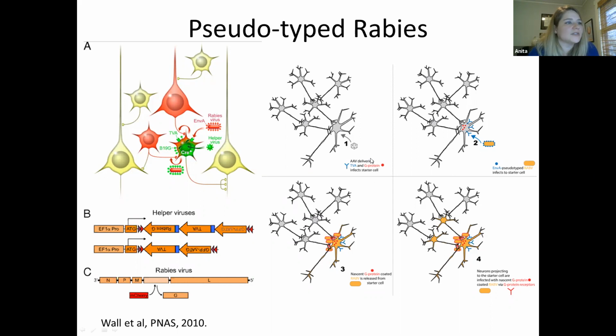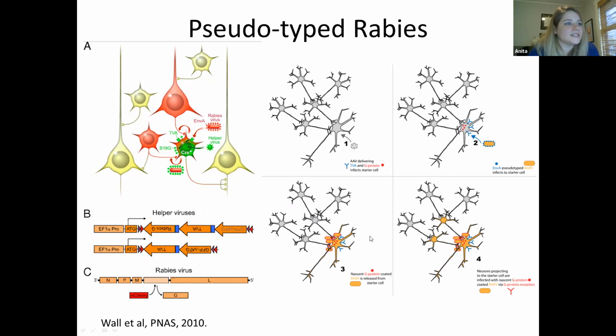So then once you have this Cre-dependent expression of TVA and G protein, then you go back with your basically gutted rabies virus. The only thing it has is this ENV-A expressed on the rabies virus, and then inside of it is mCherry. So it can basically now, because these cells are Cre-dependently expressing TVA, and it has the pseudotyped capsid for A, now it can infect those cells.